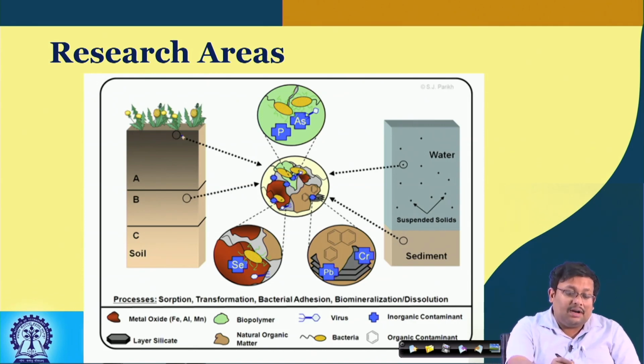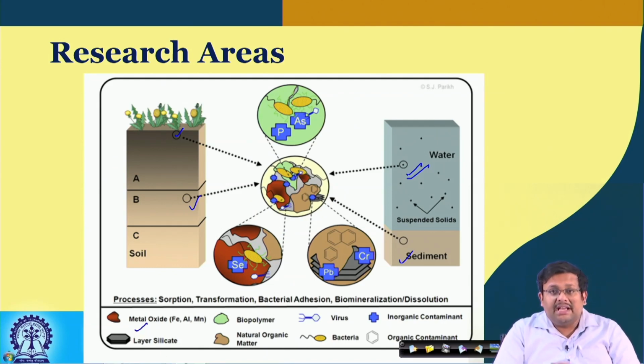When we take soil from different horizons and also from different sediments and water, they all can be used for analyzing or characterizing a number of different types of components, which are basically metal oxides. Among the metal oxides, iron oxides, aluminum oxides and manganese oxides are very important.